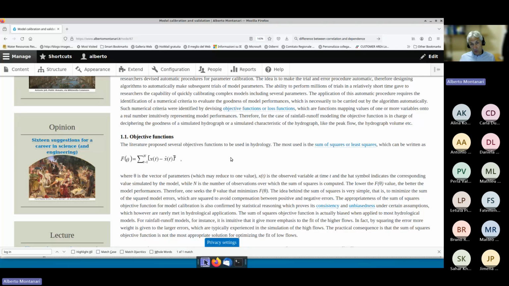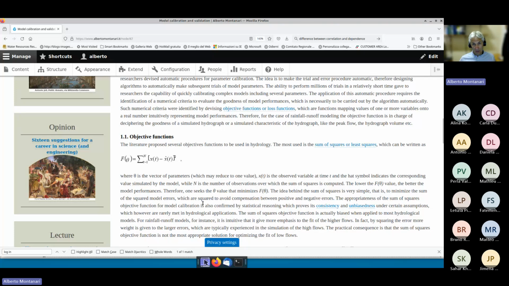So the idea was to elaborate this least square objective function, to rescale it in a range like 0, 1. You will see that the range we obtained through rescaling is not precisely 0, 1, but the idea is to elaborate an index that is easier to interpret. And therefore, some people had the idea of rescaling the objective function.